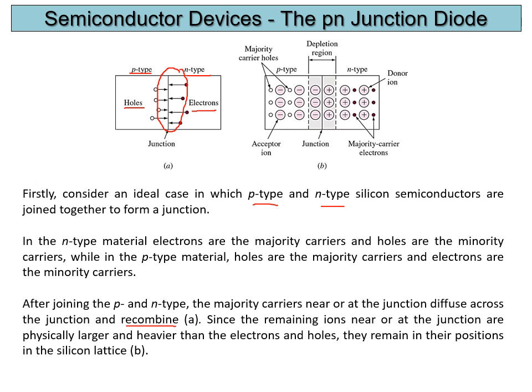So electrons recombine with the holes at the junction. Since the remaining ions at the junction are physically larger and heavier than the electrons and holes, the positive and negative ions remain in their positions in the silicon lattice.